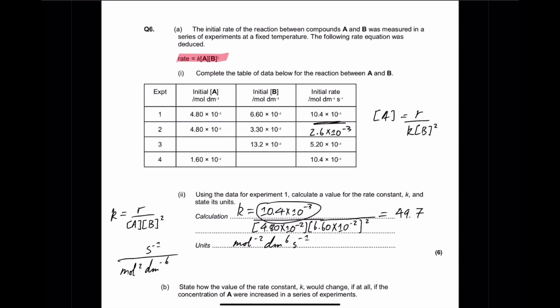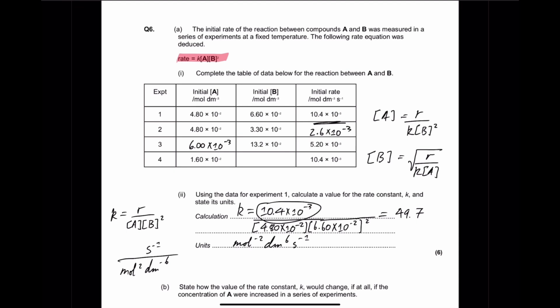I got 6.00 times 10 to the power of minus 3. And then the B would be the square root of R over K times by A. Here, it's just about knowing how to rearrange your equations, so it shouldn't be too difficult for you.